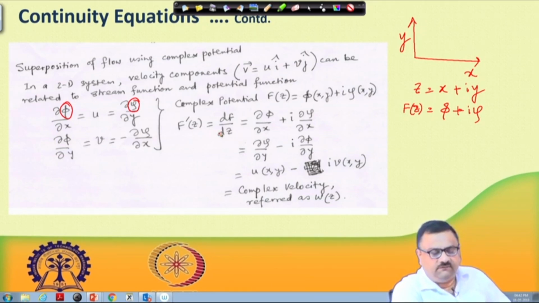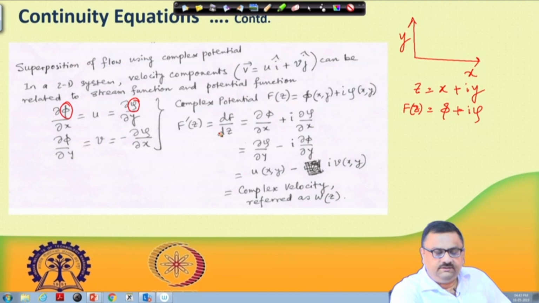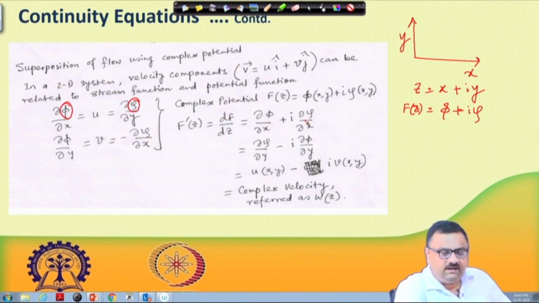If we take a derivative of a complex number, there is a certain way to do it, which is available in standard mathematics books. Either you take del phi del x plus i del psi del x, or you take del psi del y minus i del phi del y.